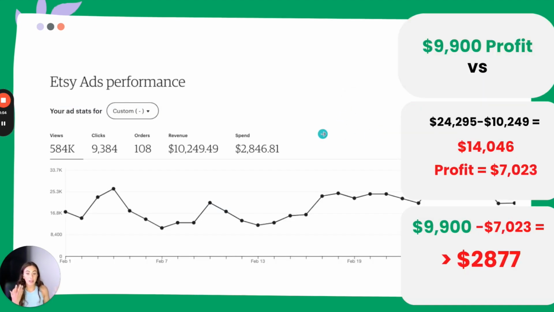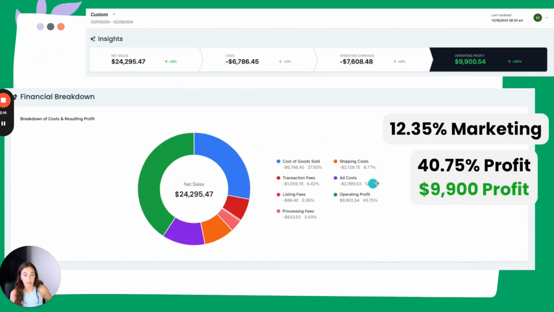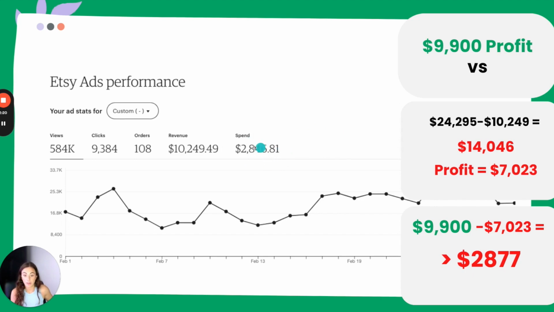So this is the profit after all direct expenses. Now, let's play out the scenario if this same account did not spend any money on ads. This same account, in the month of February, it's a custom date range here, spent about $2,850 on ads that month. The reason this number is slightly less than this number is because this ad cost percentage in Profitry includes offsite ads, while this one inside your Etsy account does not include offsite ads.